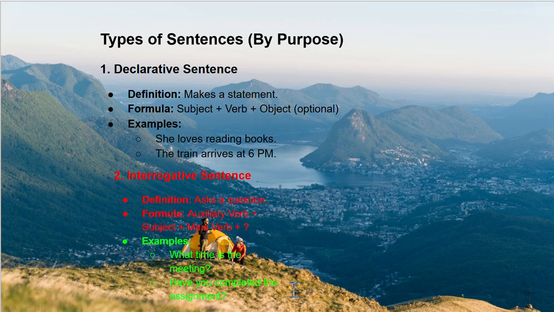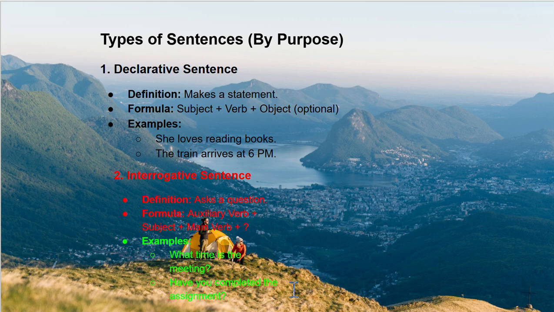Types of sentences. Actually, sentences are of different types. Our first type is the directive sentence. Those sentences that make a statement are called directive sentences. The formula of a directive sentence: subject plus verb plus object.